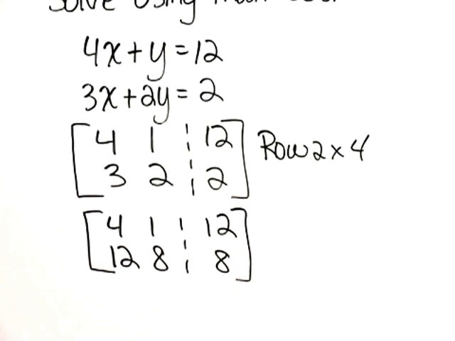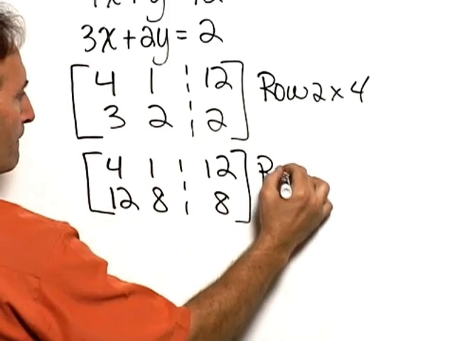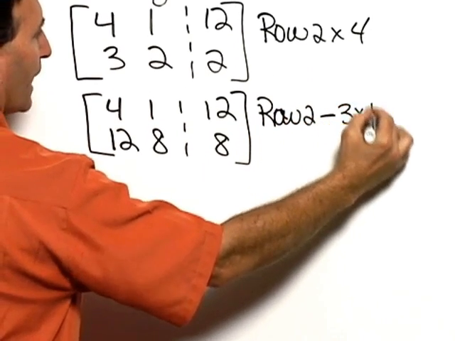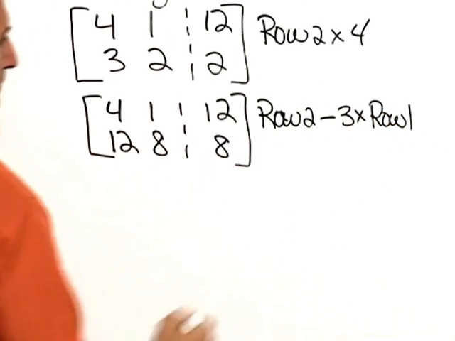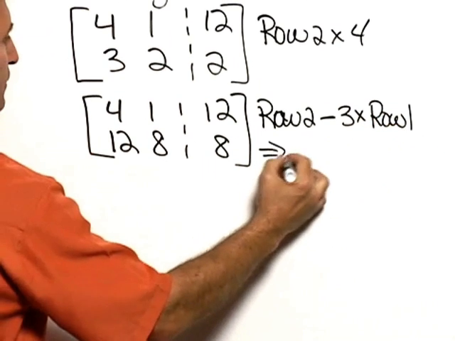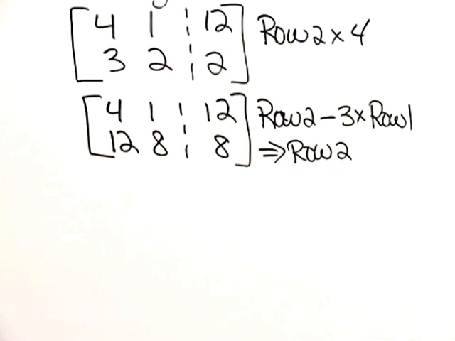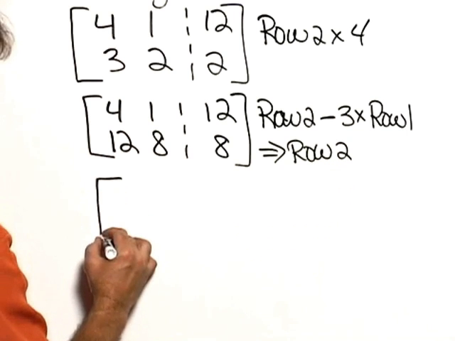Now what we're going to do is take row 2 and subtract 3 times row 1. That will go into the position of row 2, creating the 0 in the place where we want it.